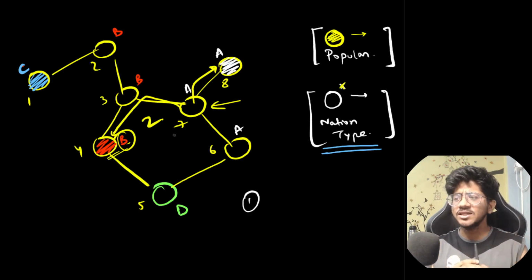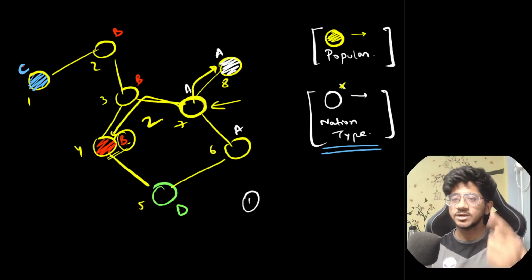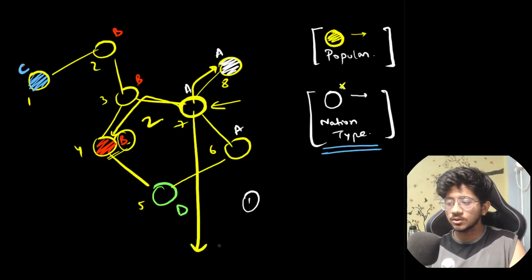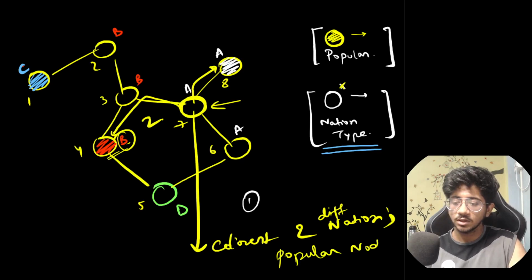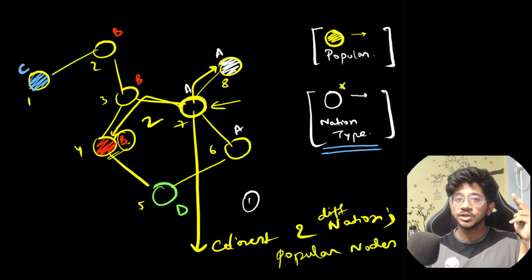This is something that is generally used in other problems as well, and there is a very generic type to this. Whenever we need to find the closest popular node, we first need to understand that if we keep the closest two, if we find for every node the shortest path to two distinct nations' popular nodes, then we are done.